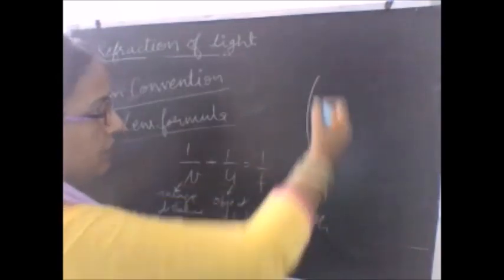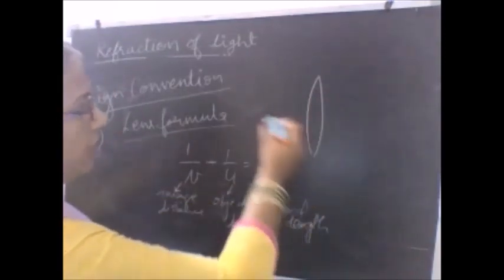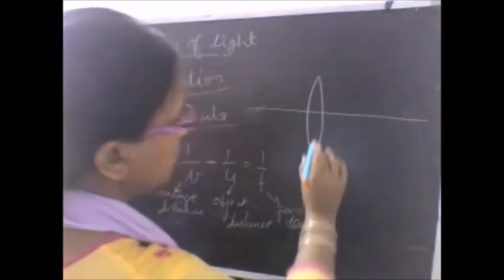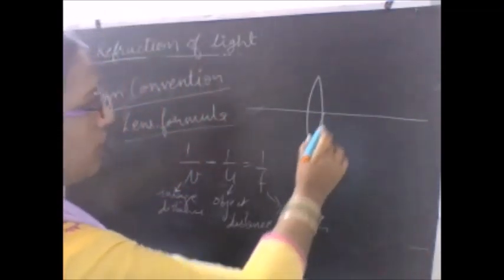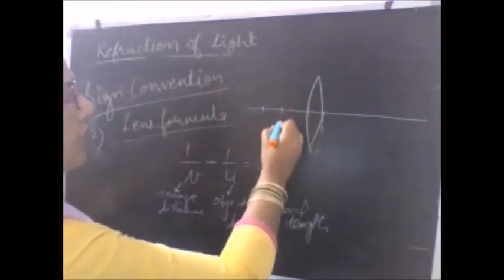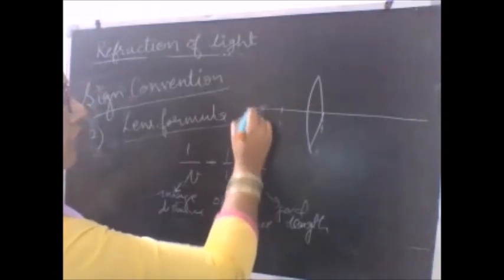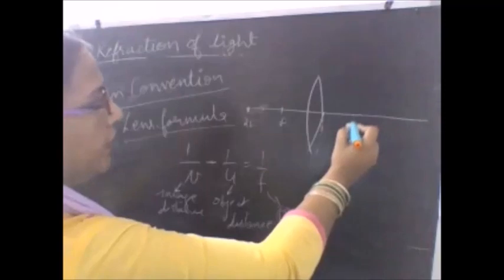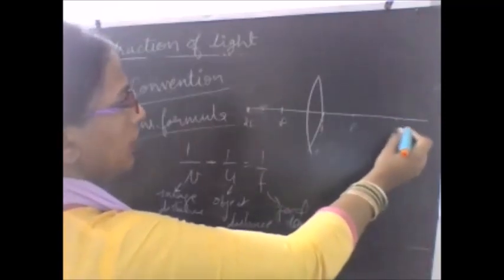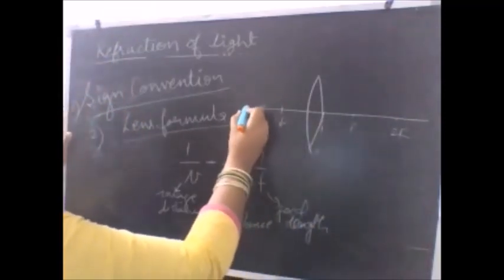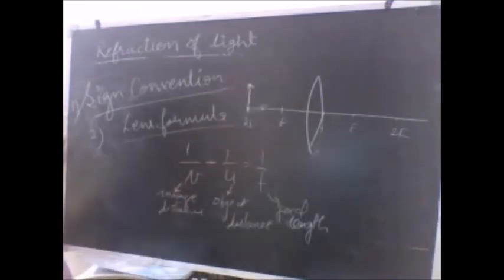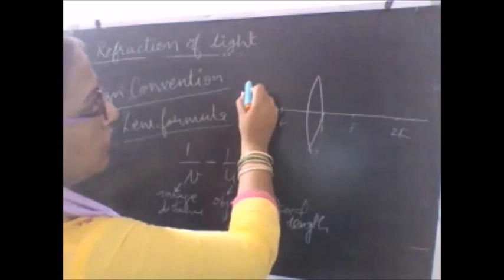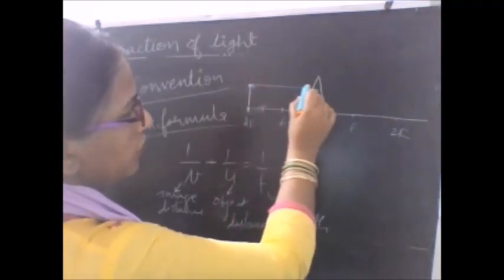Let us make a ray diagram very quickly for the convex lens, and take the object somewhere here. This is 2f and this is f here, f and this is 2f. I have taken the object at, say, this position, 2f. So what will be the nature of the image, where is the image formed?